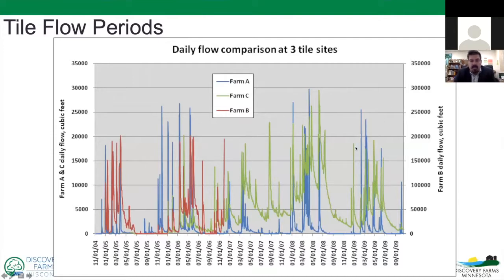Except then, of course, Farm C, this is the no-till field, just had different patterns. We saw almost continual flow over that time period. The tile was continuously flowing. Okay, so what does that mean if the tile is continuously flowing? It means that it's trying to drain.